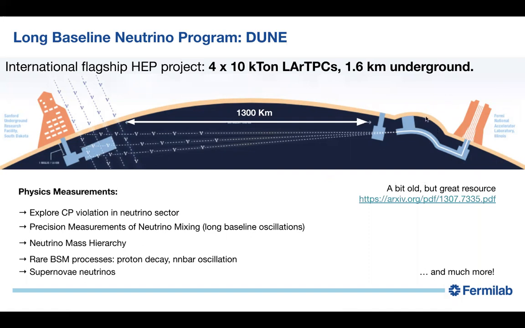Again, we go right to left, and these neutrinos are going to travel 1,300 kilometers underground, and some of them are going to interact in four 10-kiloton liquid argon time projection chambers, which will be underground. I should have said that the SBN program is above ground, so it's surface TPCs. We're not going to dive into that, but it means that you have different backgrounds compared to when you're underground.